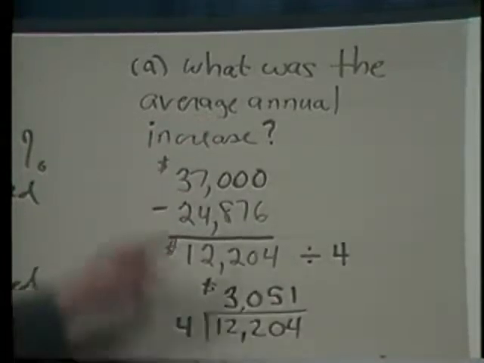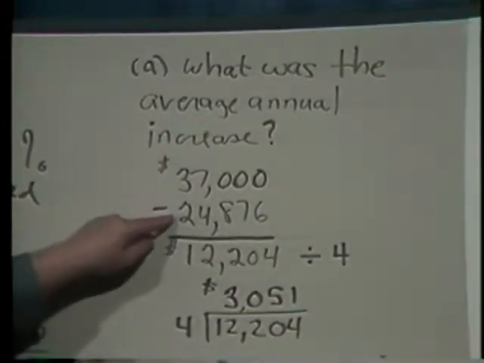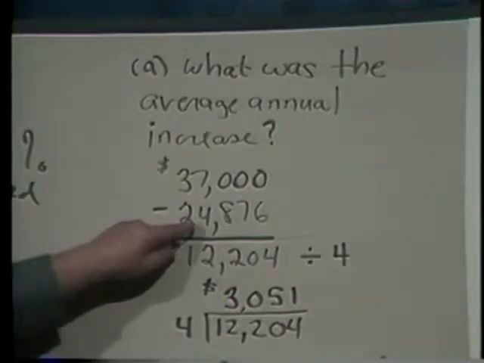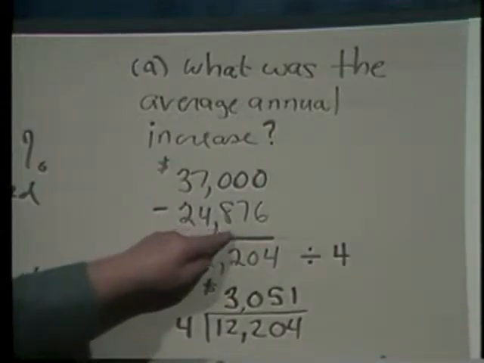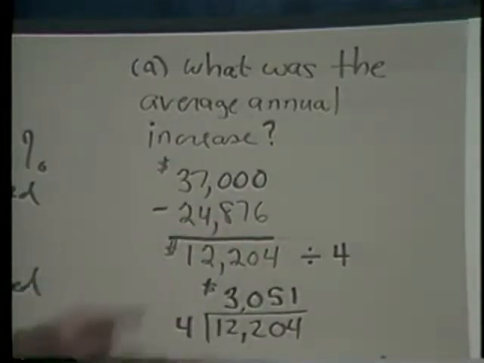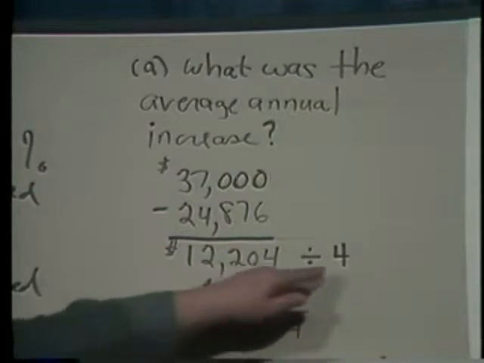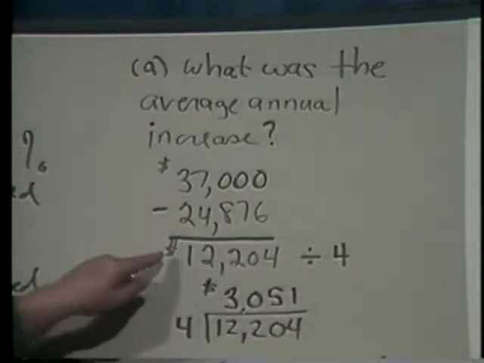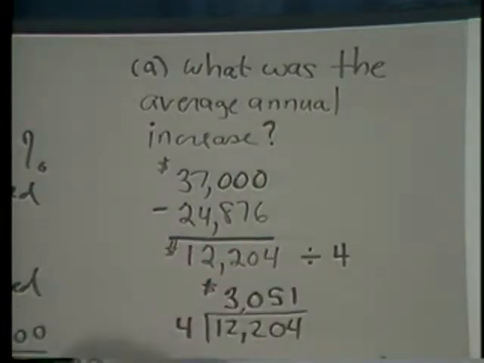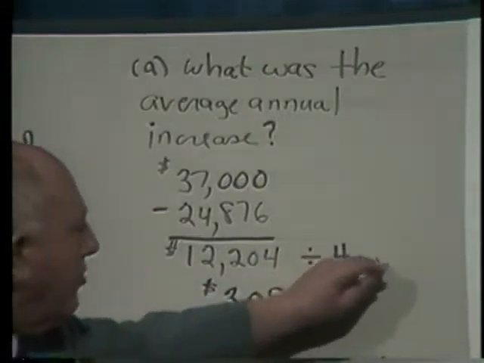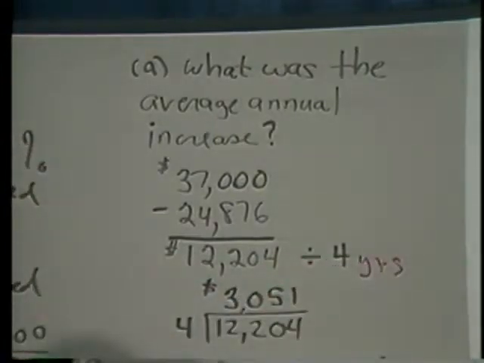Increase per year first means find the increase. In other words, the house increased from $24,876 to $37,000. I subtract. That tells me that the increase was $12,204. That happened over 4 years. So this number of dollars divided by 4 years, I should put that in to remind you, will give me a label of dollars per year.